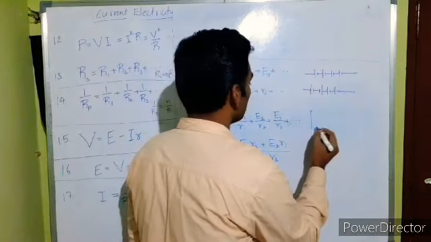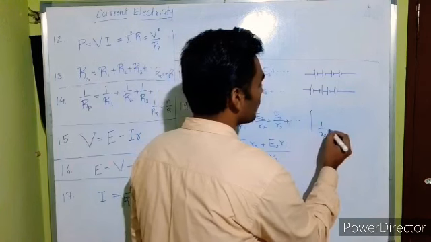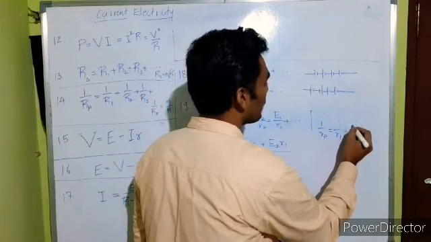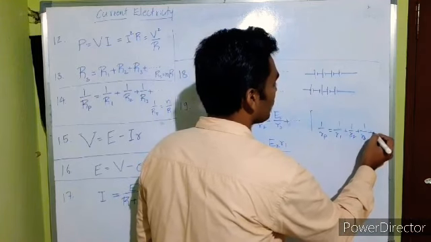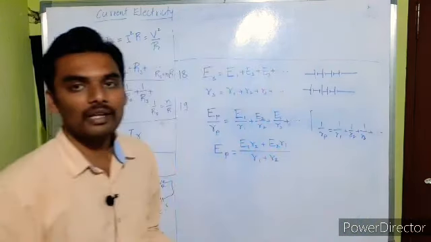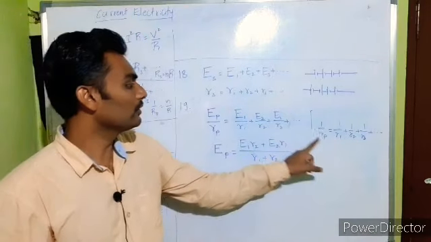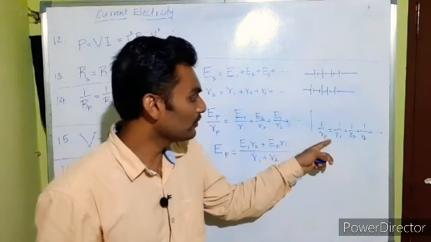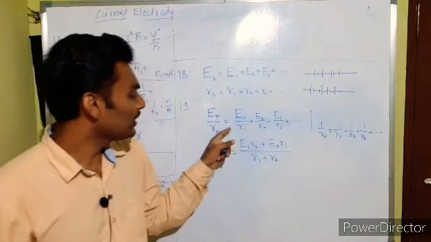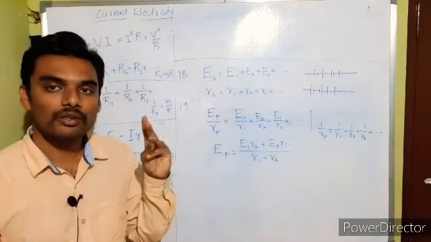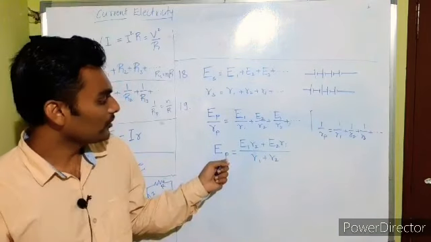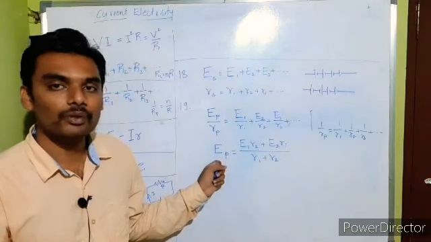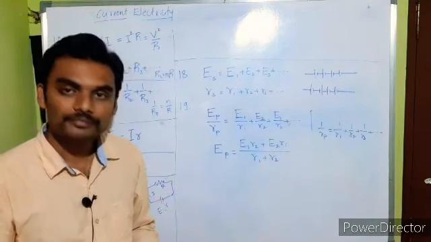We get Rp using 1 by Rp is equal to 1 by R1 plus 1 by R2 plus 1 by R3 plus so on. We have to follow this formula first and apply that here when we have more than two cells connected in parallel. If we have only two cells connected in parallel, we can directly come to this formula and get the value of EP.